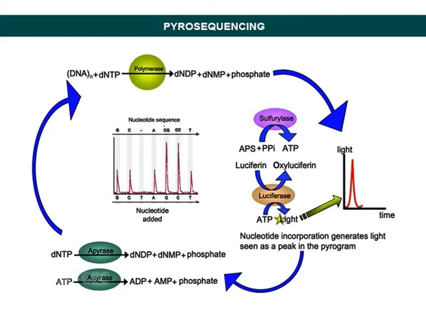This released pyrophosphate is then converted into ATP by ATP sulfurylase, and light is emitted via the firefly luciferase that catalyzes luciferin into oxyluciferin. The average number of emitted photons per template chain in a given step is proportional to the number of deoxynucleotides incorporated per chain at that step.